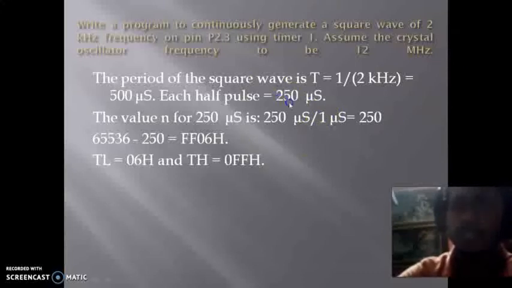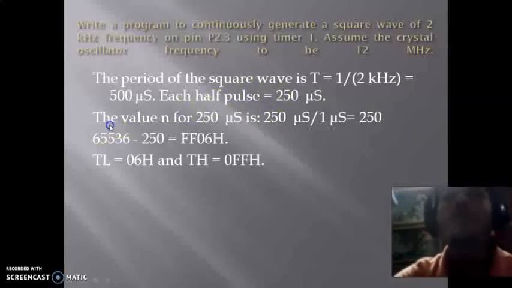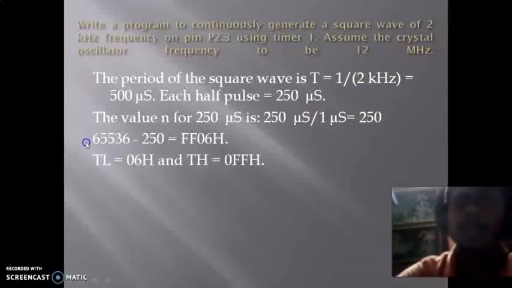So that is 250 microseconds for each half of the pulse. The count value for 250 microseconds is 250 microseconds divided by 1 microsecond, that is 250.